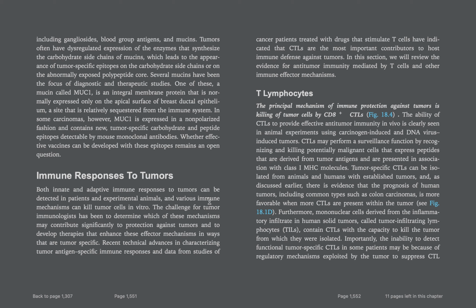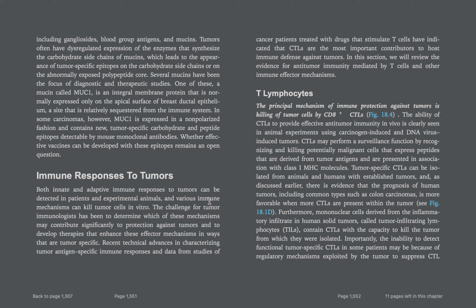The principal mechanism of immune protection against tumors is killing of tumor cells by CD8 CTLs. The ability of CTLs to provide effective anti-tumor immunity in vivo is clearly seen in animal experiments using carcinogen-induced and DNA virus-induced tumors.